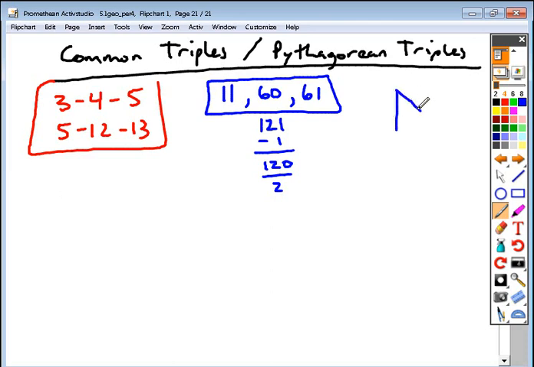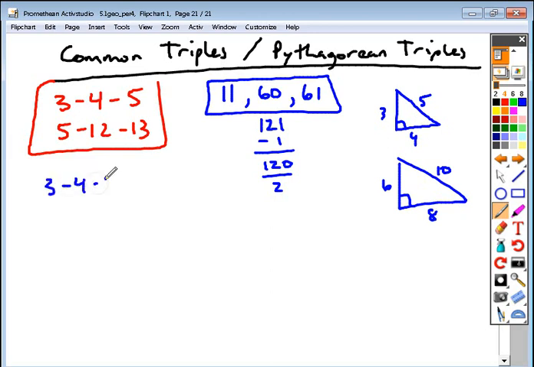If you took a 3, 4, 5 common triple and doubled every length, these are going to be similar triangles, so there's also going to be triangles that have integer values. If we double the 3, double the 4, double the 5, we get a second possible common triple that's based on this 3, 4, 5.